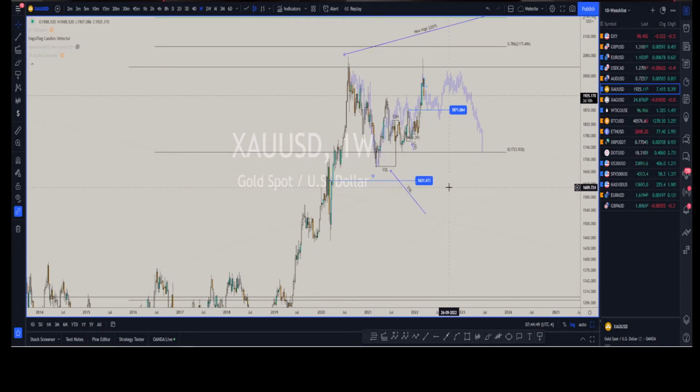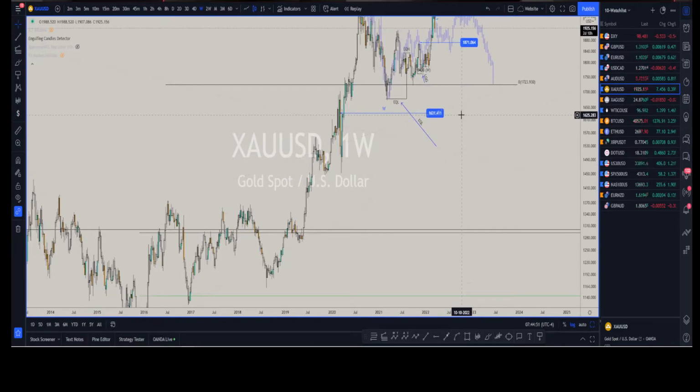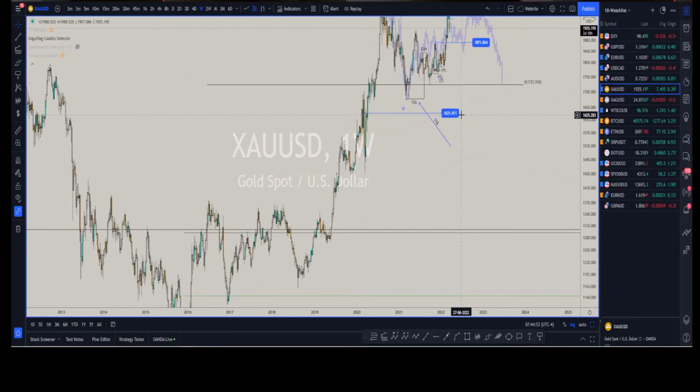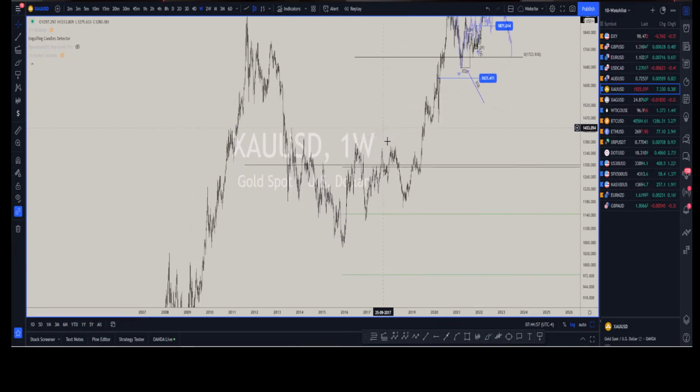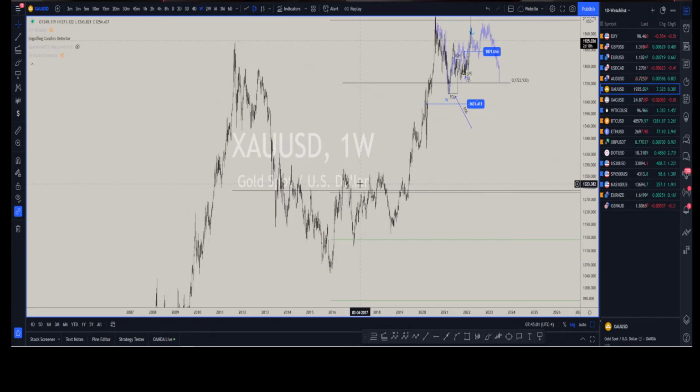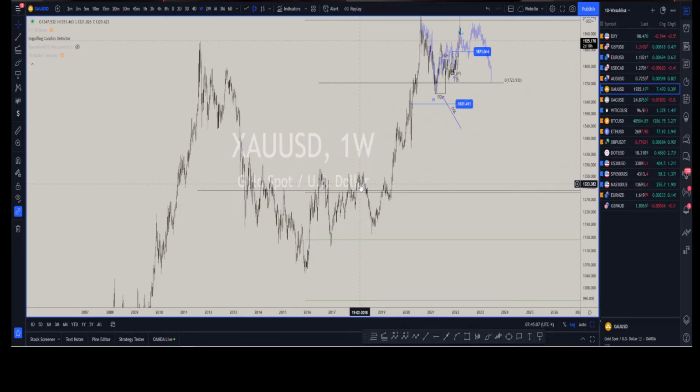So consolidation in this area. Same thing as this. I took it from here. Can it repeat the same thing?